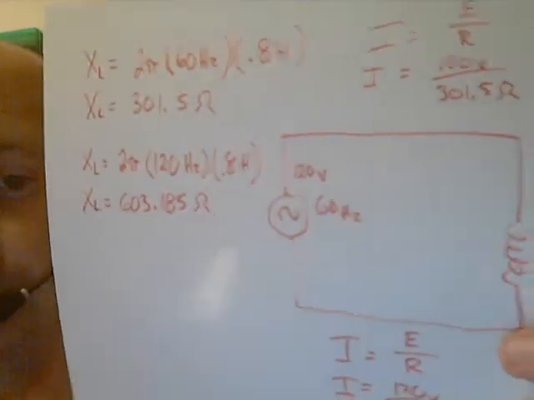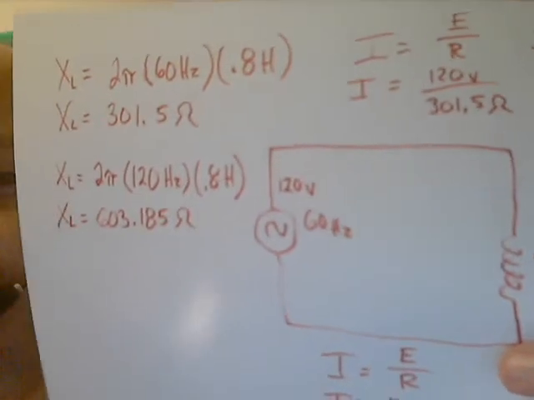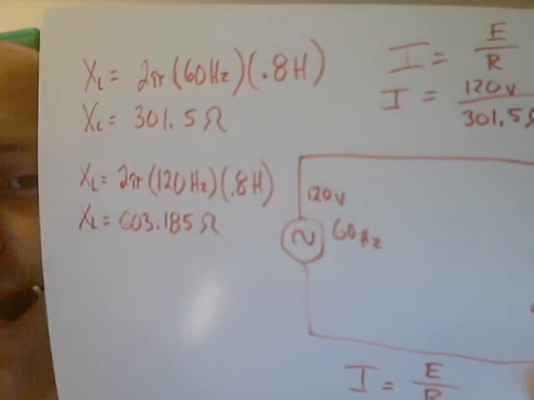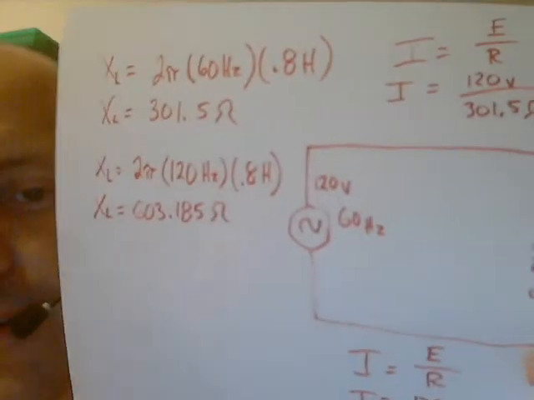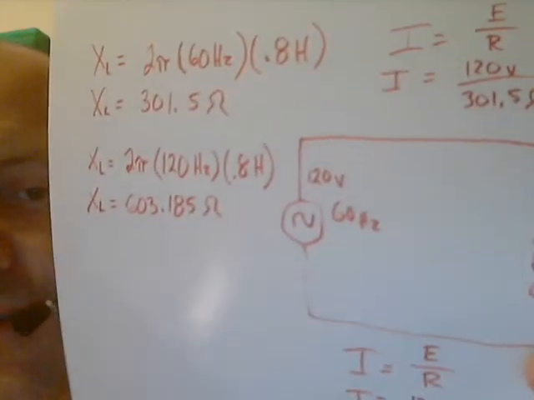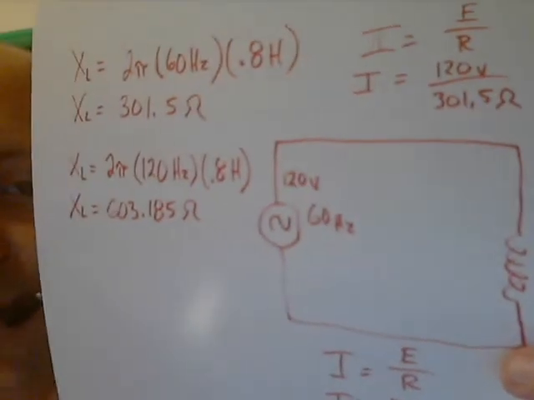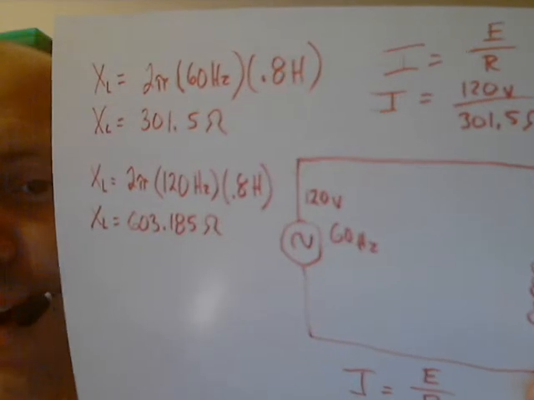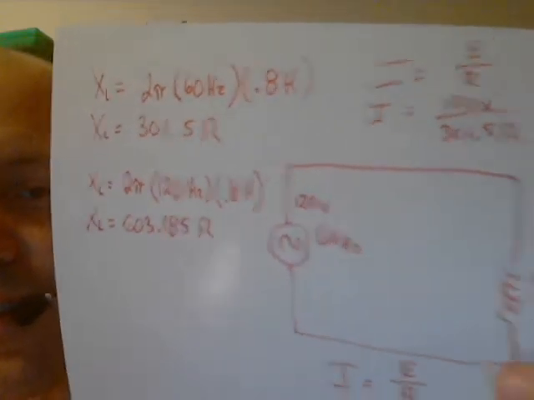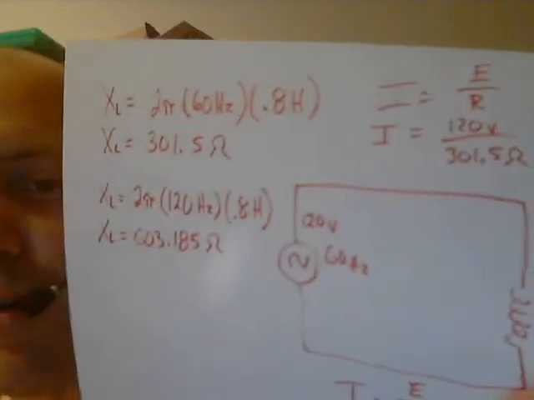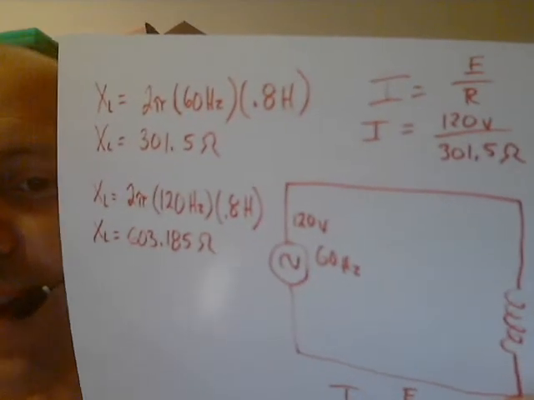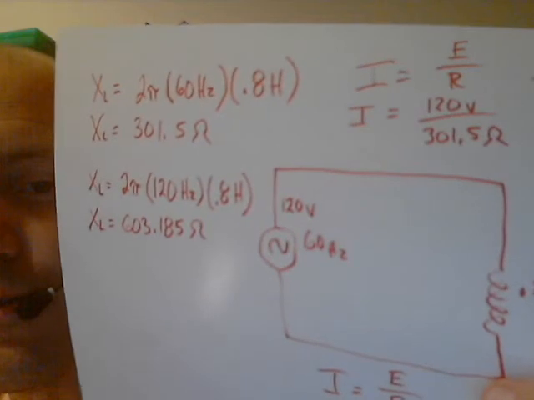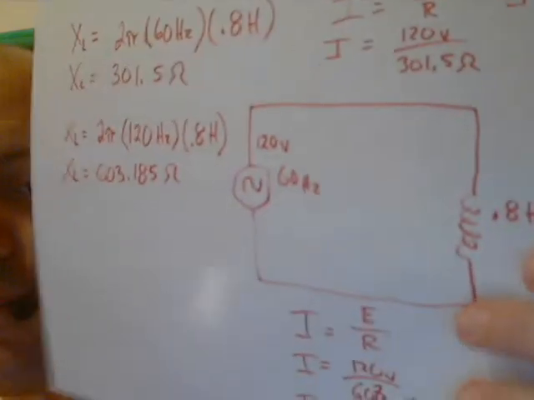But let's say I had somehow the ability to double the frequency, the number of times that the current changes directions, so that the power coming out of my wall, instead of being a signal of 60 hertz or 60 cycles per second, was now operating at 120 cycles per second, or 120 hertz. Now, what's that going to do to the opposition to current flow in my circuit?